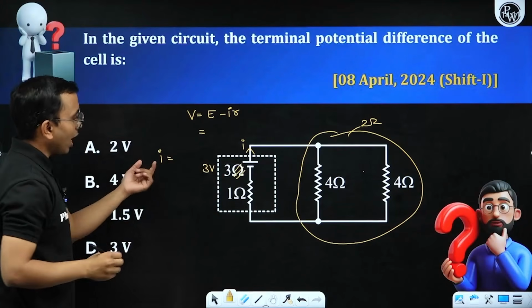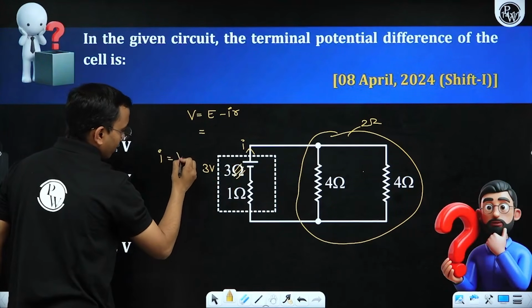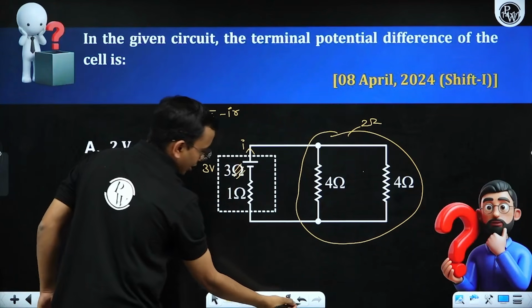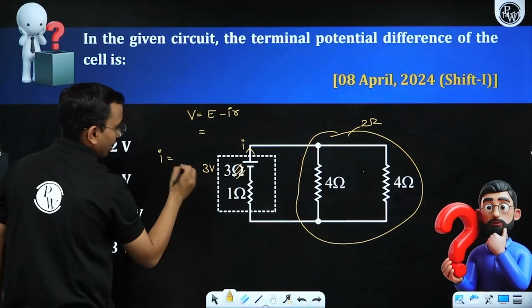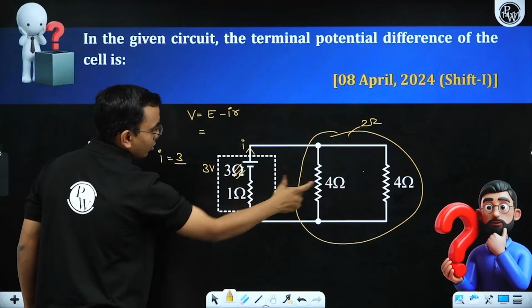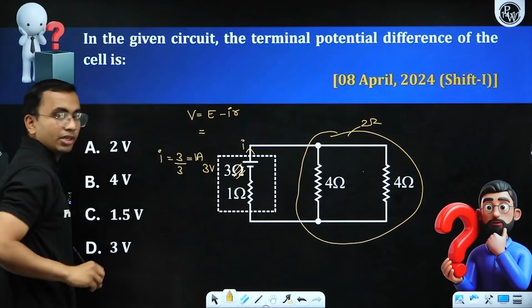So I is the EMF of the battery, that is 3, divided by the total resistance, that is 2 plus 1, that is 3. So this comes out to be 1 ampere.